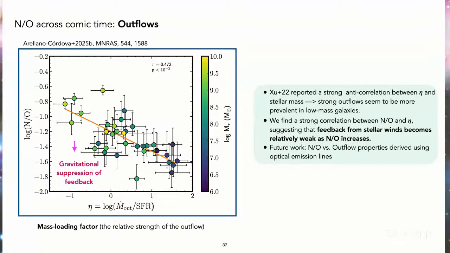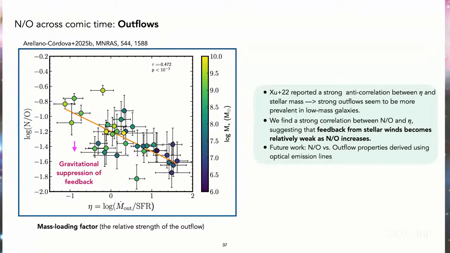I think maybe we will expect it like these galaxies, so now they have more way to have these outflow components. Yes. For a galaxy of 10 to the 7 solar masses with strong outflows, you will expect to remove metals, right?